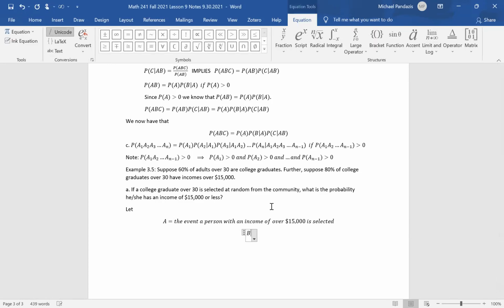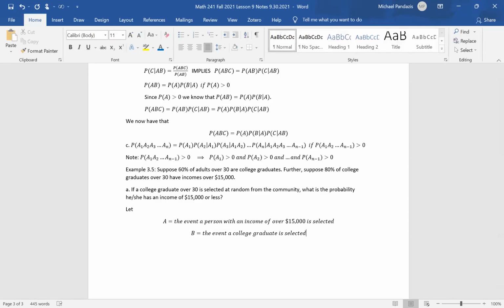We're going to let B equal the event a college graduate is selected. So A is a person with an income of over $15,000 is selected, and B is the event a college graduate is selected.